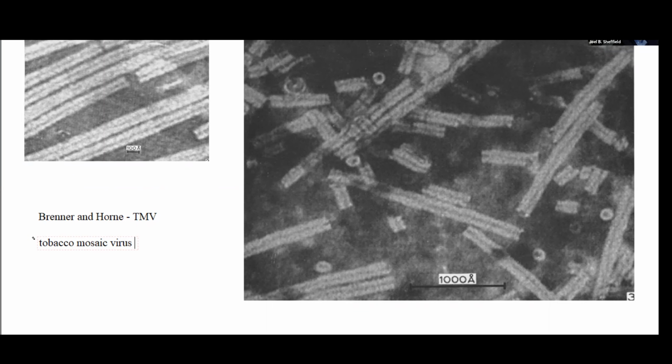This is in the 50s and 60s, and anything that would damage the growth of tobacco plants was a serious problem. Anyway, there was a lot of support for research in this virus, this tobacco mosaic virus, and it turned out to have some very interesting properties. One of them is, as you can see here, its shape was as a rod, like this.